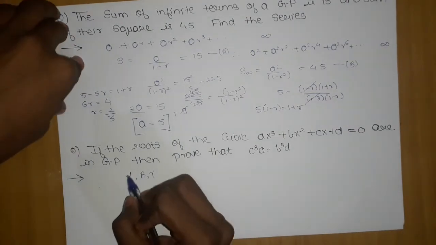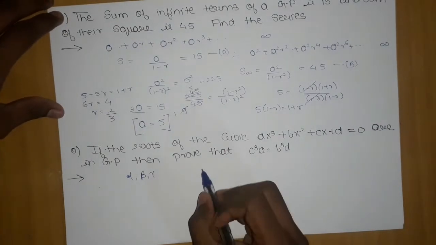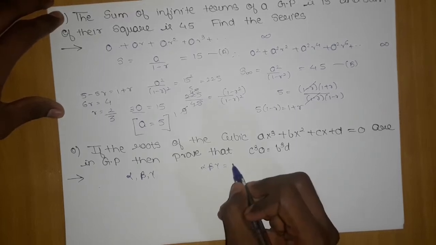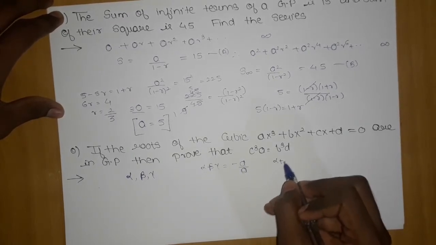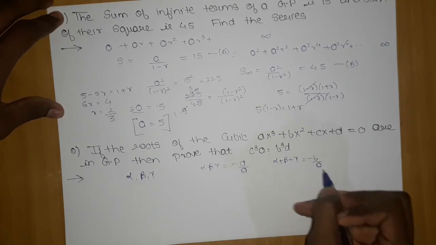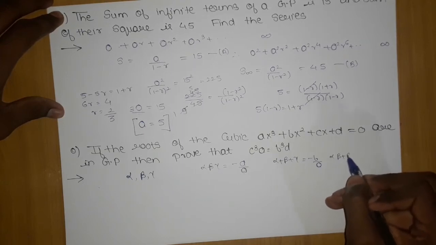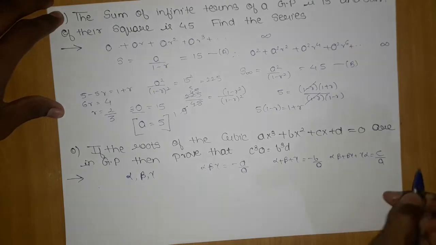Now I know the product of the roots alpha beta gamma will be minus d by a. The sum of the roots alpha plus beta plus gamma will be minus b by a, and the last thing, alpha beta plus beta gamma plus gamma alpha, will be nothing but c by a. We know that much.